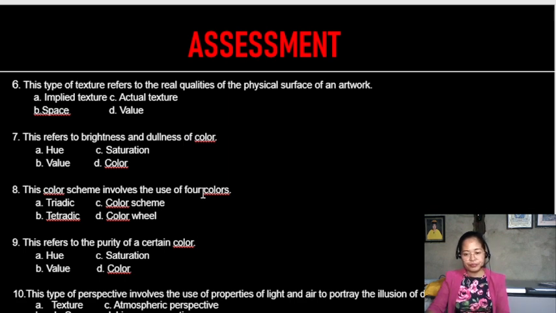Ano yung four colors yung gamit natin? What kind of color scheme? Number nine, this refers to the purity of a certain color. And then number 10, this type of perspective involves the use of properties of light and air to portray the illusion of distance. Is it texture? Is it space? Is it atmospheric perspective?